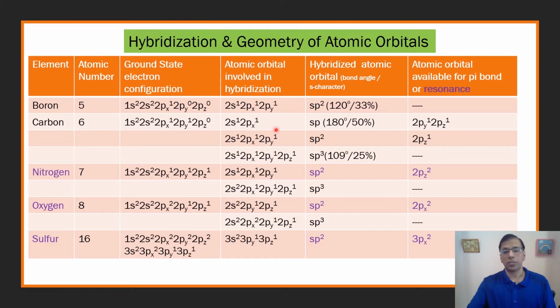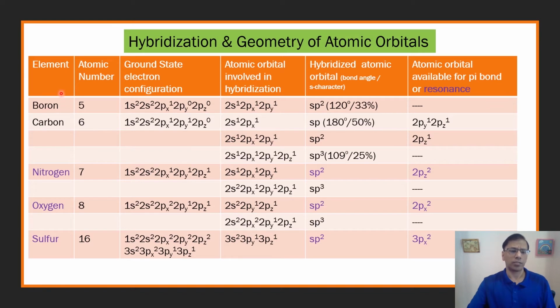The atomic orbitals that are involved in hybridization are in this column. Then we have the hybrid atomic orbitals, followed by the atomic orbital that's available for pi bond or resonance. Resonance here is color coded in purple, and I'll talk more about it soon.